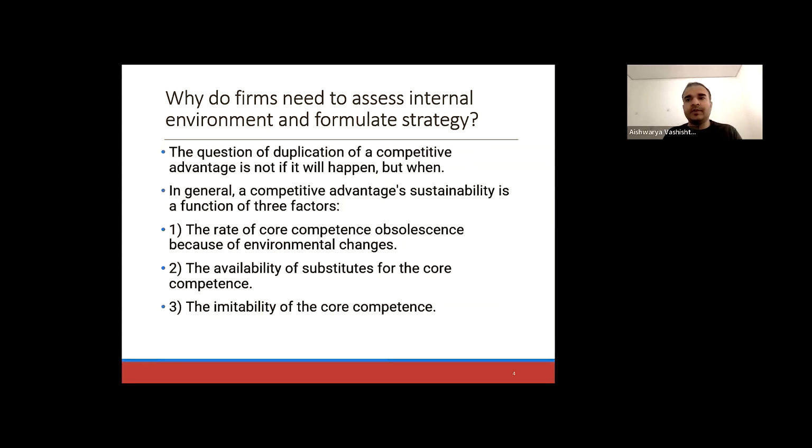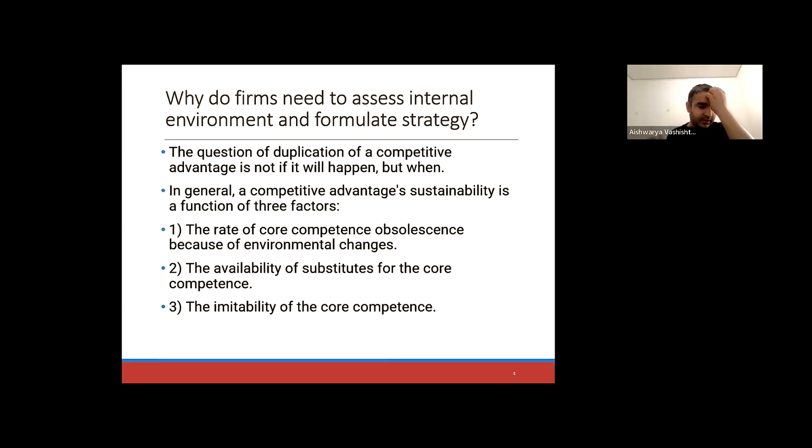But why do firms need to do internal environment analysis? Why is it important? Because sooner or later your capabilities or your core competencies will become obsolete.